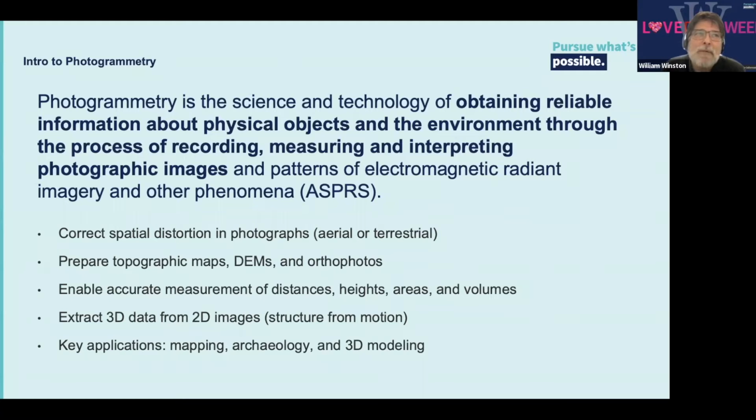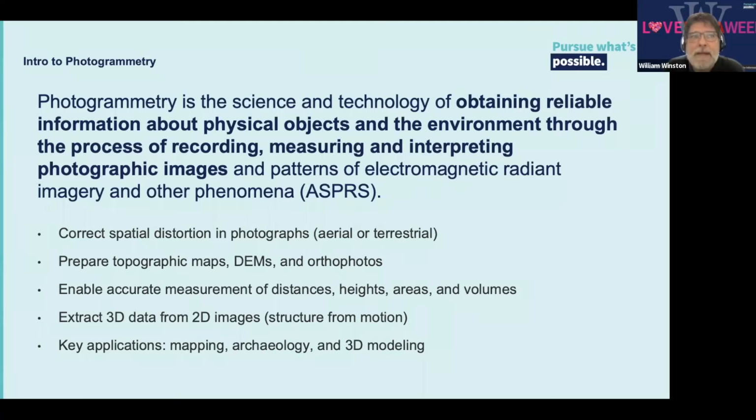But to summarize, we're basically talking about correcting spatial distortion in photographs. This was the initial usage for photogrammetry. A lot of aerial images were collected in particular for usage in the defense industry, and they wanted to make measurements from these photographs.